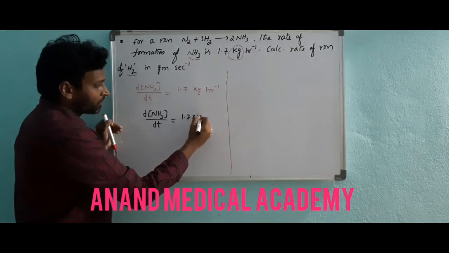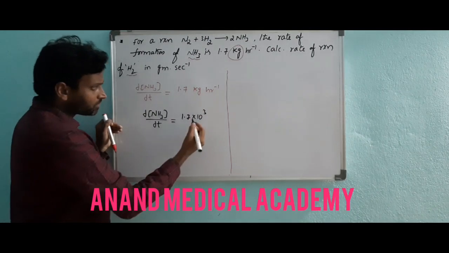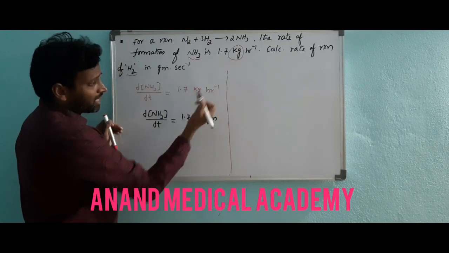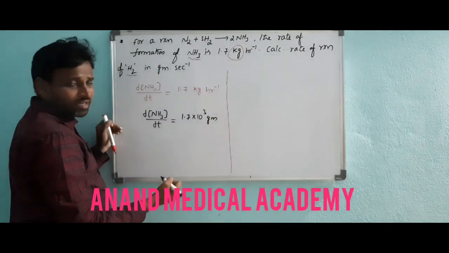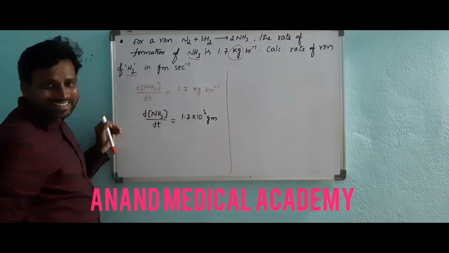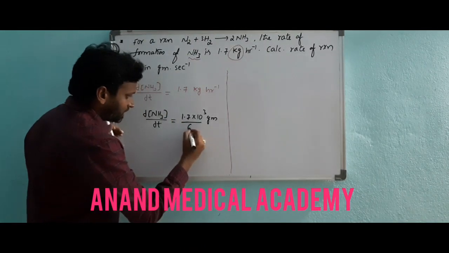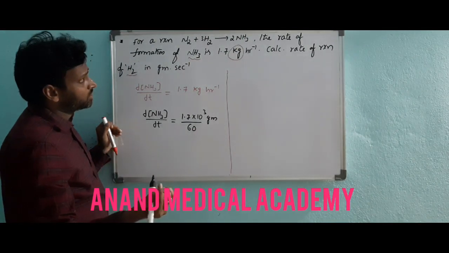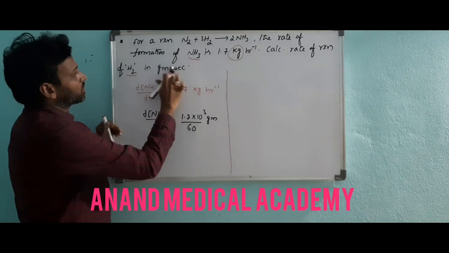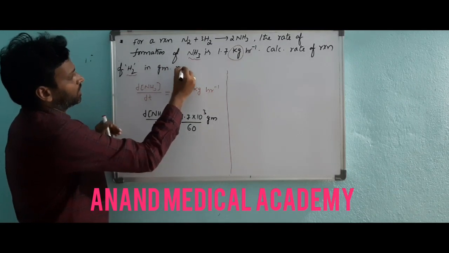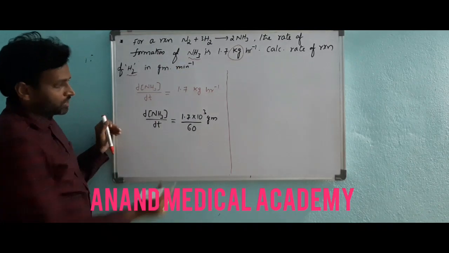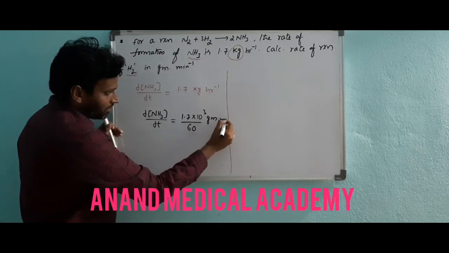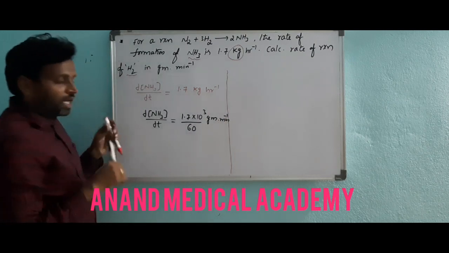Kilograms into grams means multiply by 10 power 3. Now in terms of grams, it is per hour. In seconds I want, because grams per second is asked. So divide by 60, because 1 hour means 60 minutes. So grams per minute inverse.